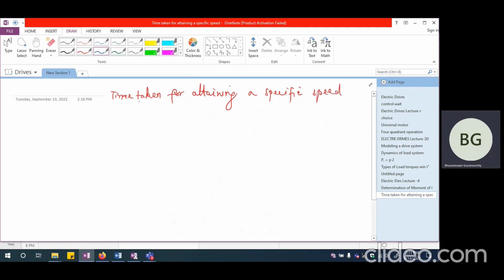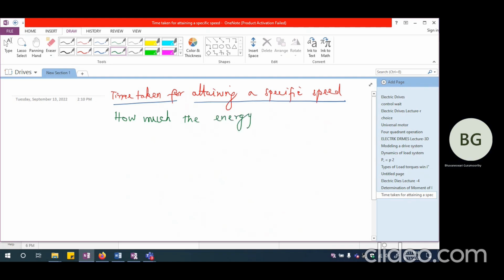This I should be able to calculate if I know the moment of inertia and so on. And another thing is, I should also be able to calculate how much is the energy loss during acceleration or retardation or something like that. So how much the energy loss is, this also we should be able to calculate.